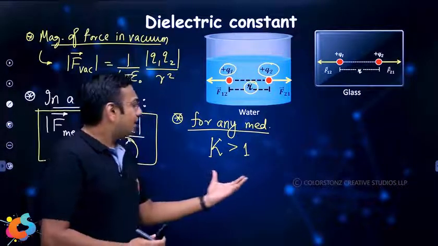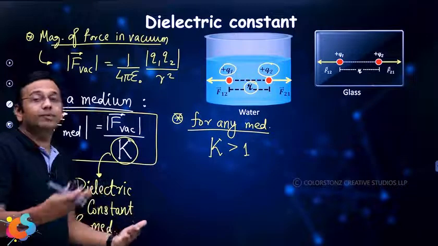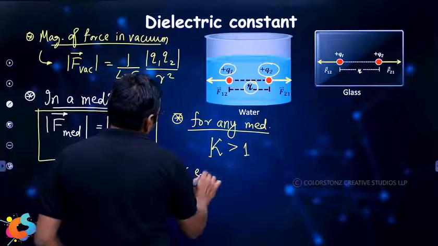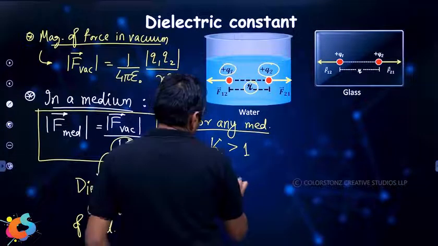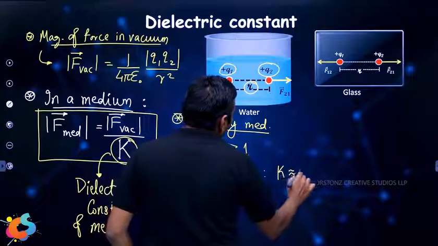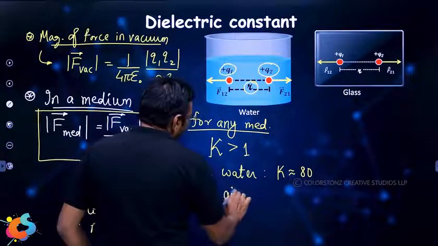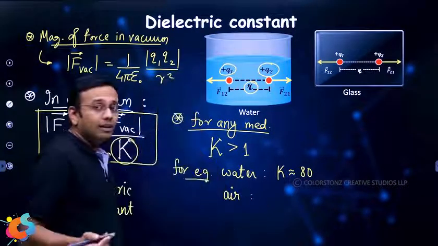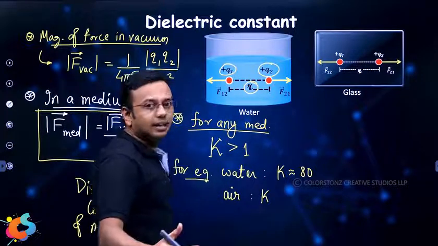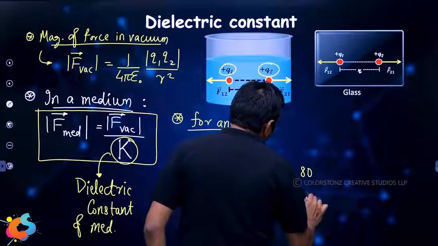As I said, it is always greater than 1, but it will be different for different media. For example, for water, K is approximately equal to 80. For air, K is slightly greater than 1, just greater than 1.